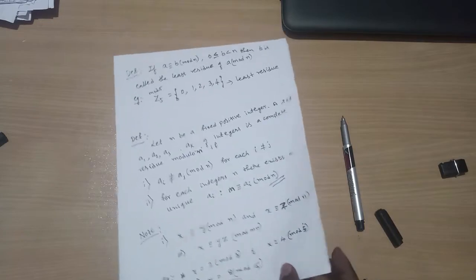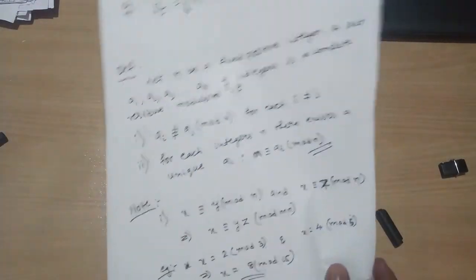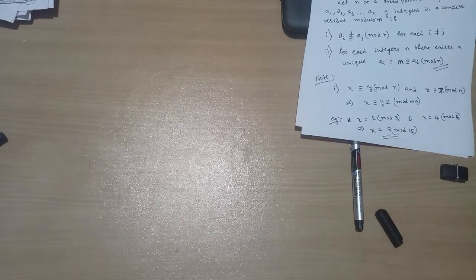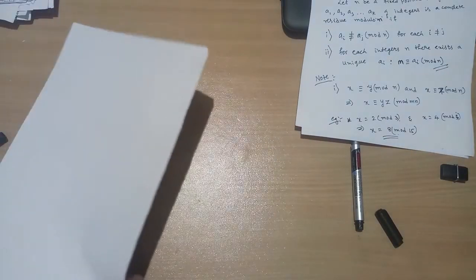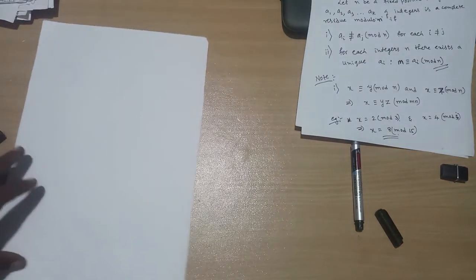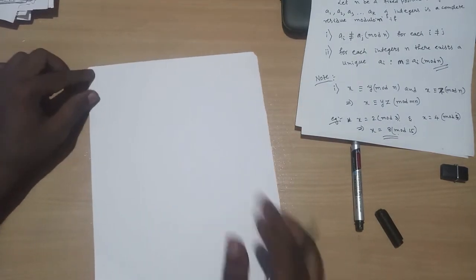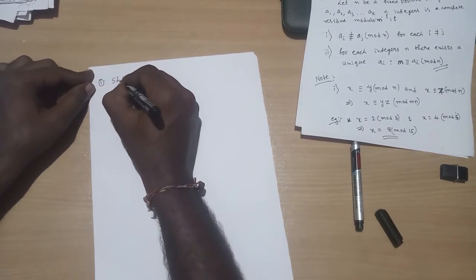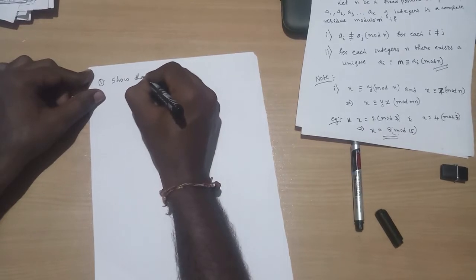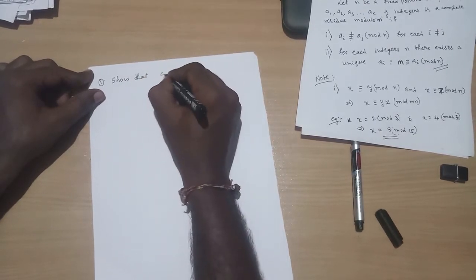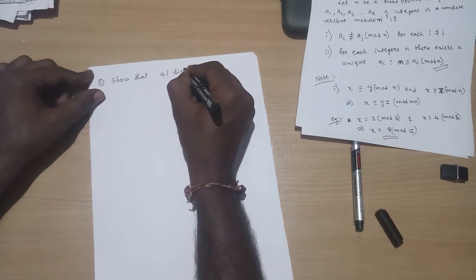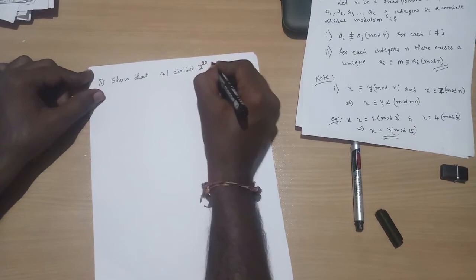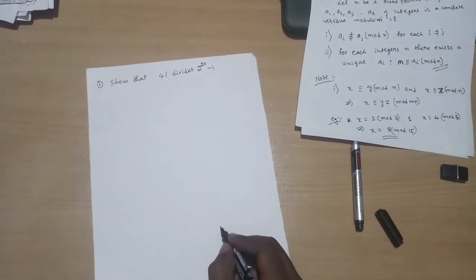I'll take the problems. First one: show that 41 divides 2 to the power of 20 minus 1.